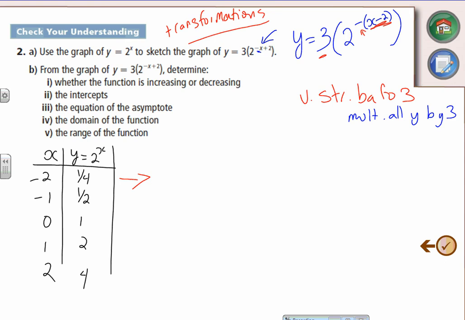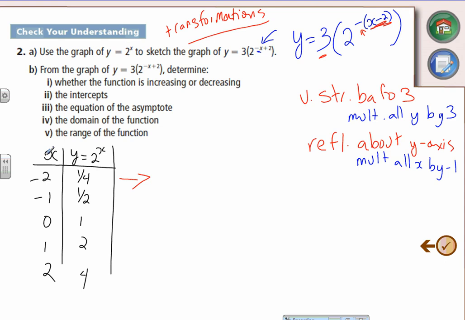Oh, but we do have a horizontal reflection. So that's a reflection about the other axis, which is a y-axis. And that means multiply all x by negative 1.